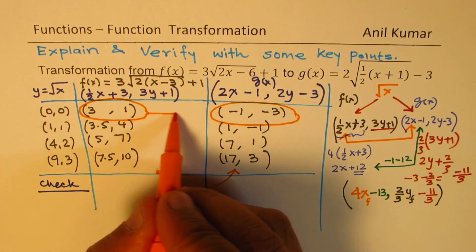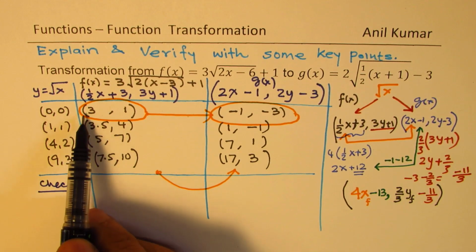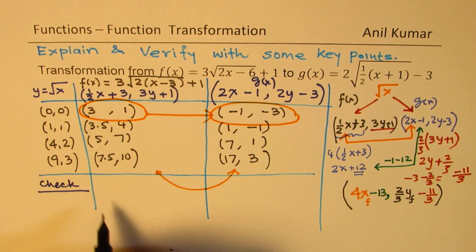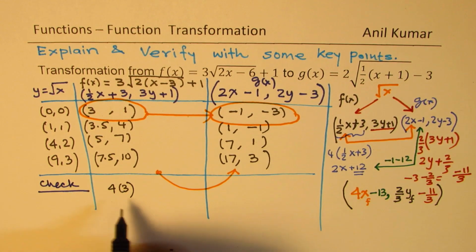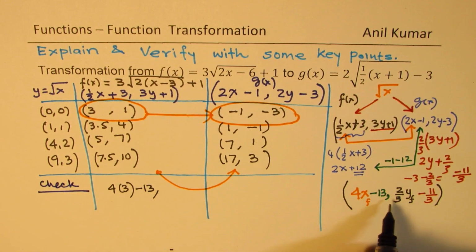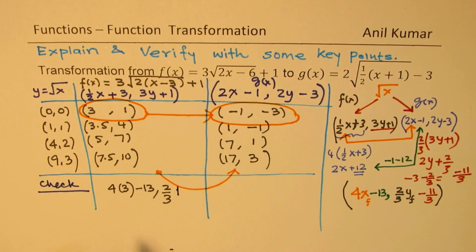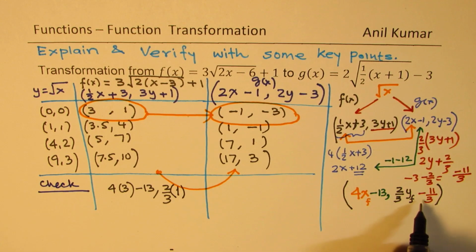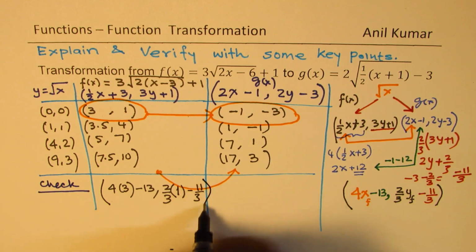So if I am trying to move from f of x to g of x, my value for x should be what? 4 times this, right? So we get 4 times 3 minus 13, and the y value should be 2/3 of 1, right? 2/3 of 1, and then minus 11 over 3, correct? That will be my point.